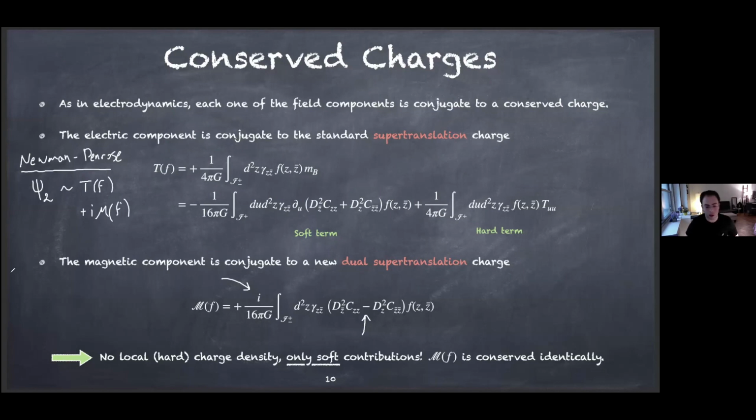So this charge can also be understood as the imaginary part of the Newman-Penrose charge. So I hope that it answers the question of Prahr. Yes, it does. Thank you.